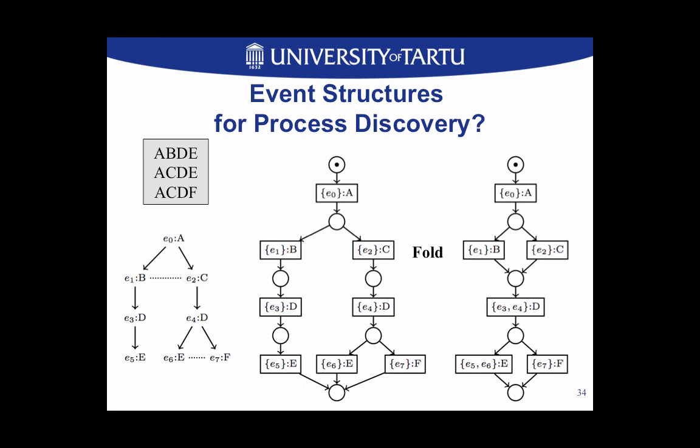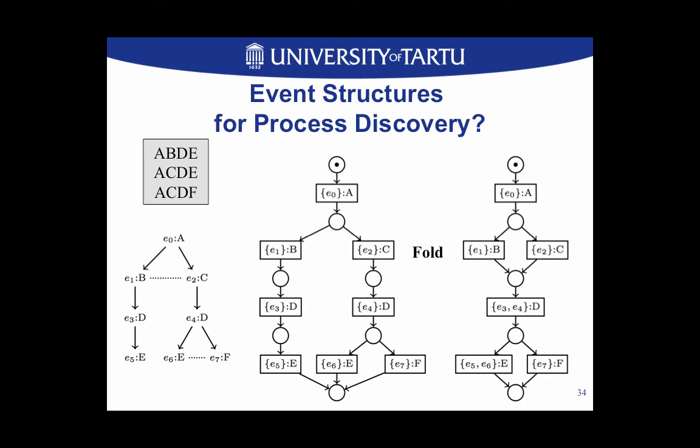So what I propose is that we can get rid of that duplication and generalize at the same time using probably one single operator. And that is a folding operator that will fold 2 occurrences of the same event, in this case D and D, into a single transition, like transition fusion.